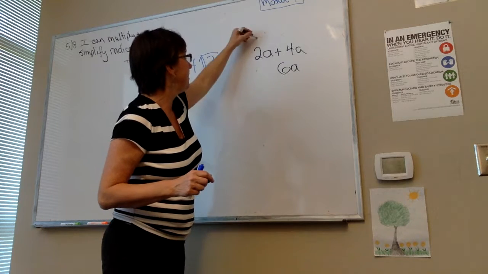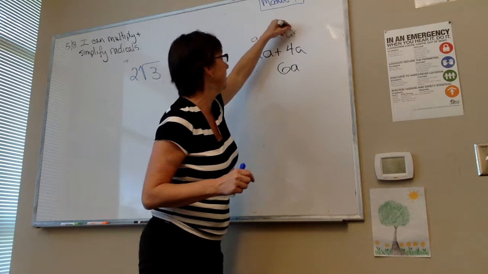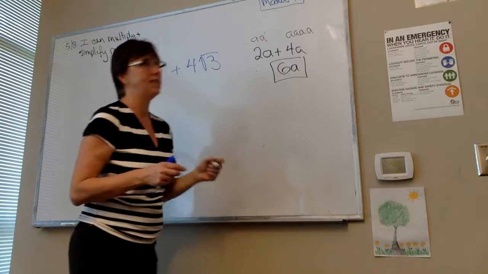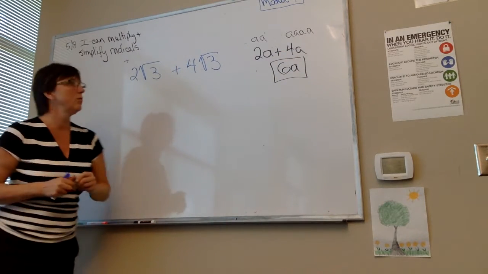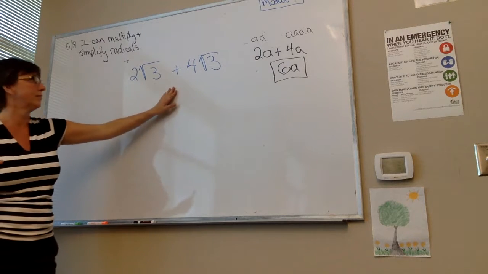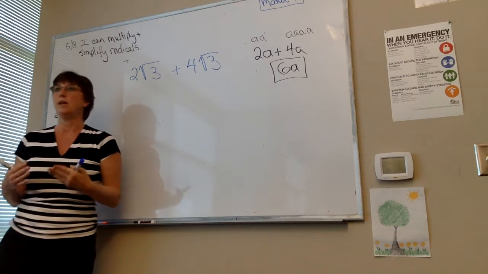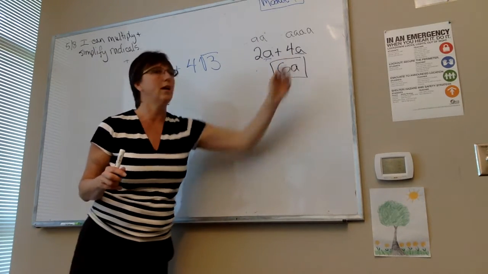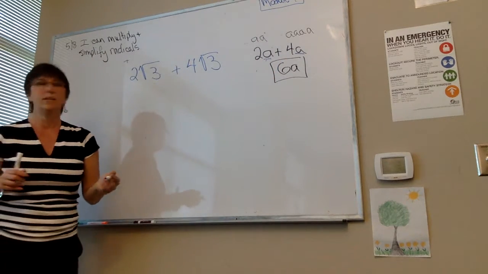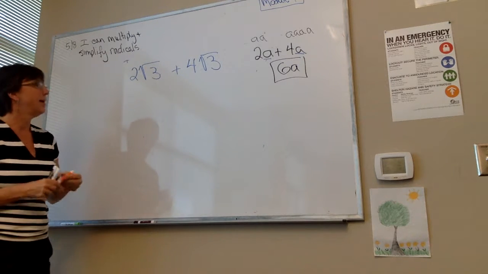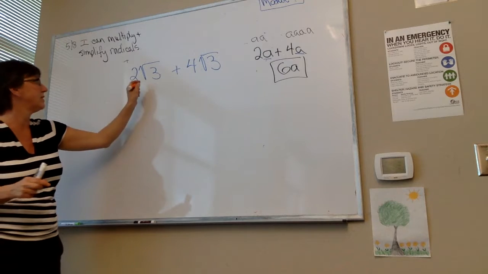So we have 2a's here, 4a's here, combined together, we have 6a's. Now, when we're working with radicals and we're adding or subtracting, we treat them the same way, as if we're looking for the like term. So what is the like term in this particular problem? Square root of 3. It's this right here.